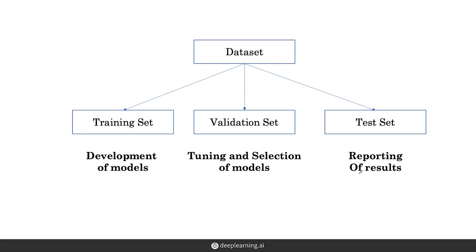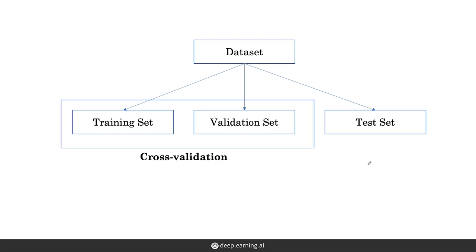In reality, the training data set is further split into a training set and a validation set, where the training set is used to learn a model and the validation set is used for hyperparameter tuning and giving an estimate of the model performance on the test set. Sometimes the split into a training and validation set is done multiple times in a method called cross-validation to reduce variability in our estimate of the model performance.